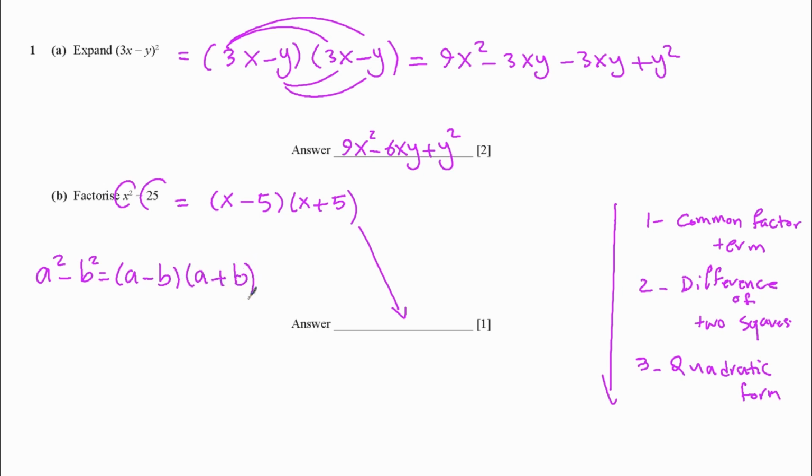So this is some sort of identity. If you try to multiply these as a normal expansion of two brackets, you will see that you get a squared minus b squared. So we are just using the identity to factorize this algebraic term.